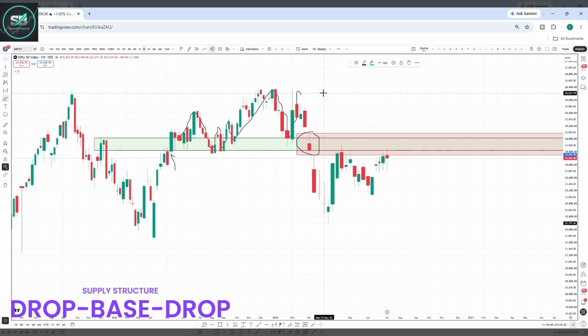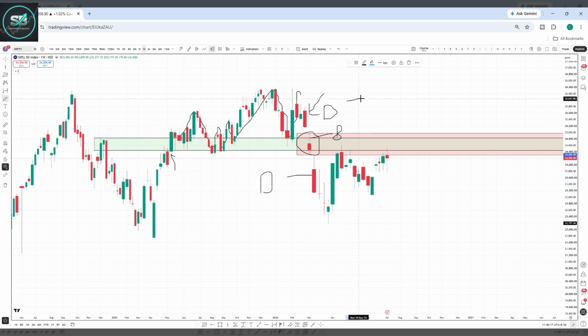This is a drop, base, and this is a drop candle. So this is a pure price action concept. If you are not understanding drop base drop, that is fine. A drop candle is nothing but a candle whose body size is more than 75%.